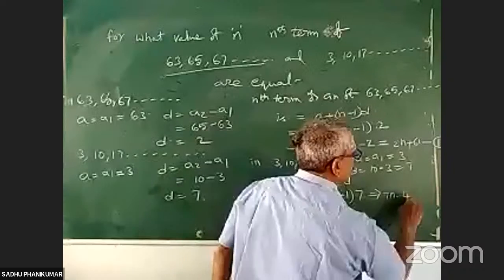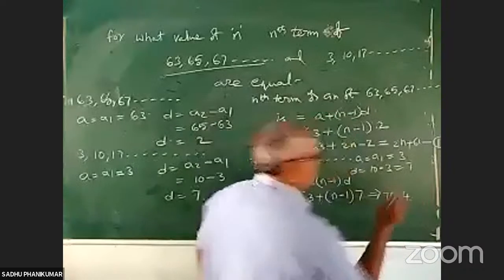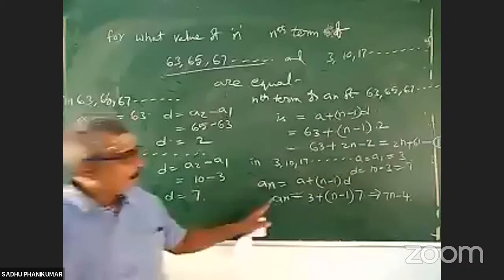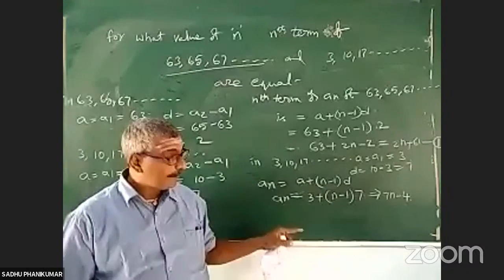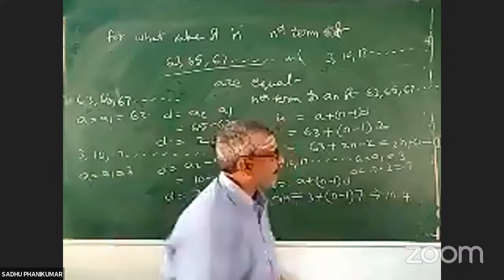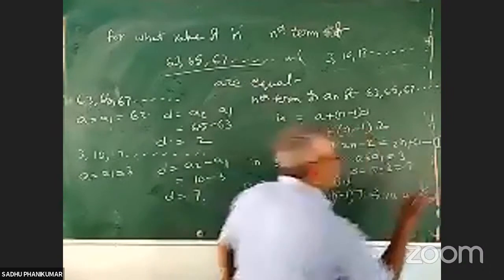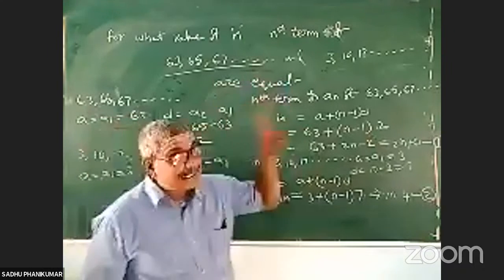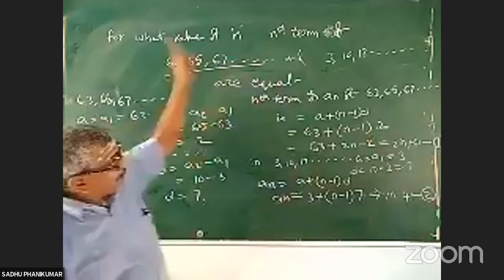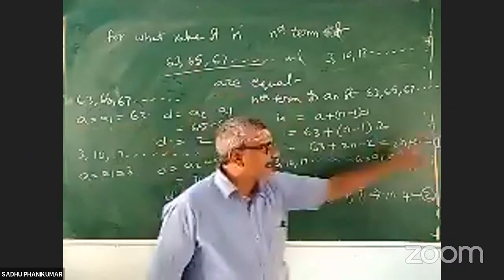This is the second equation. But the condition we have to apply here is that for a particular value of n, both of the terms are equal. We suppose for the nth term, both are equal.